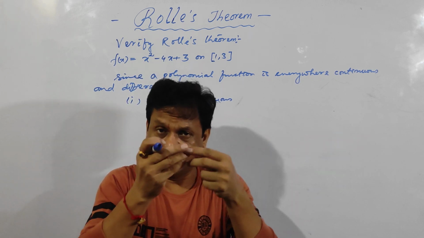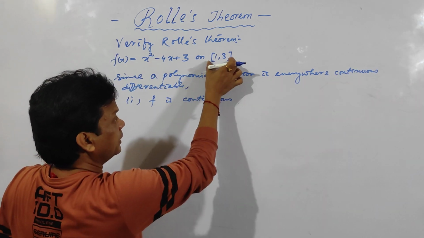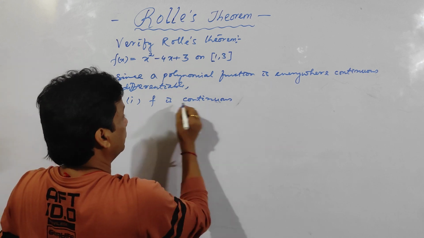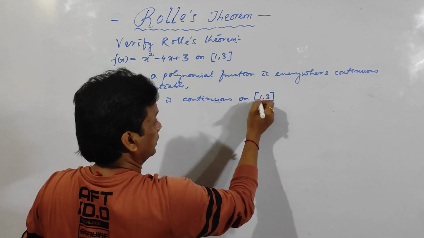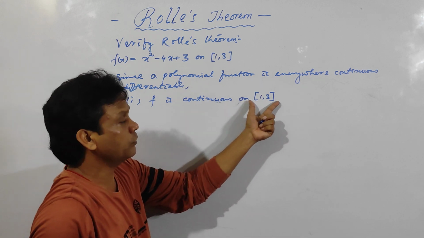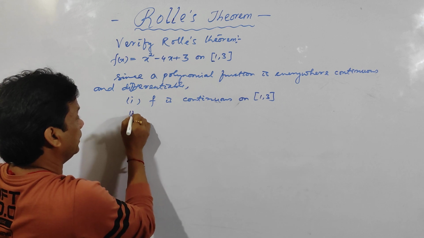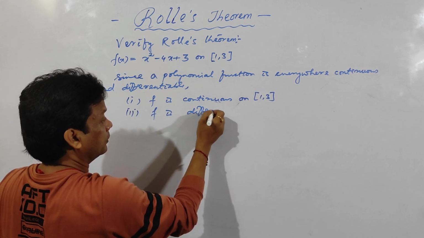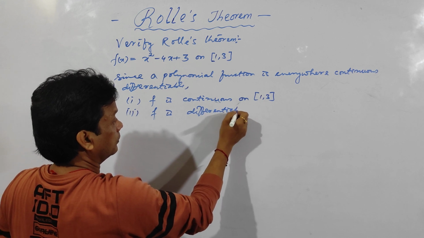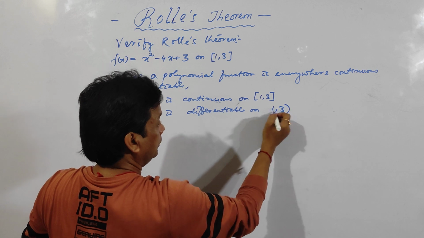Within this interval also it is continuous. So it is continuous on the closed interval 1, 3. For continuity you should write closed interval, that means from a to b. And f is differentiable on the open interval 1, 3.